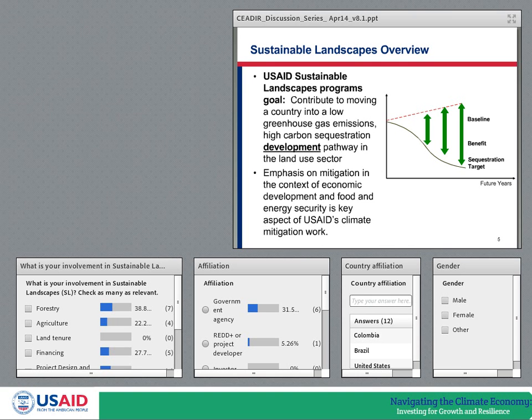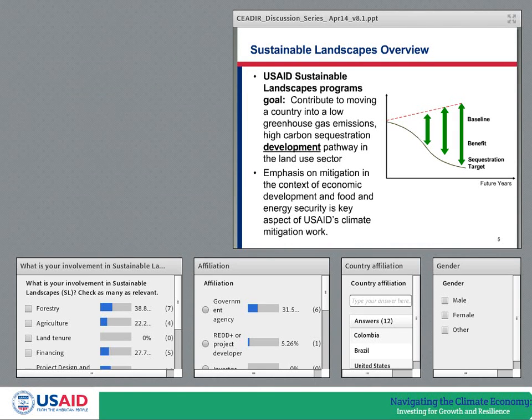Agriculture, forestry activities that are productive for society. So we're also trying to coordinate this tightly with food and energy security as part of our climate change resilience policy. So as you can see, the baseline is increasing over time in the absence of interventions.